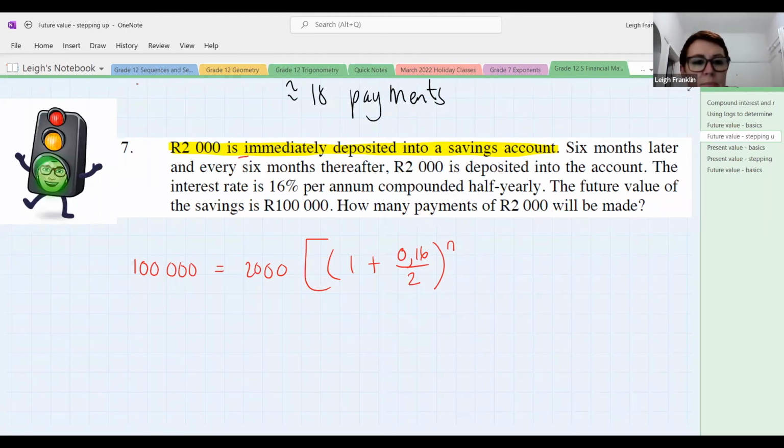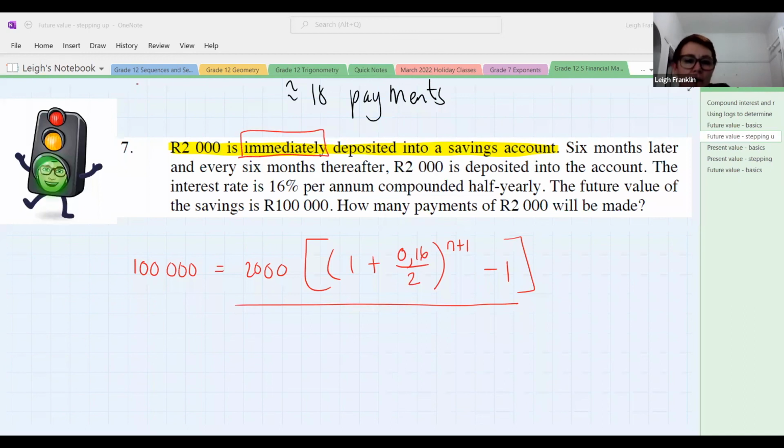But because there was a payment made immediately, there is one extra payment. Who said n plus 1? Okay, you did. Good. Nice, some of you are thinking. That's wonderful. Because there was that immediate extra payment, it would have to be n plus 1. See, it's a sneaky question, isn't it?